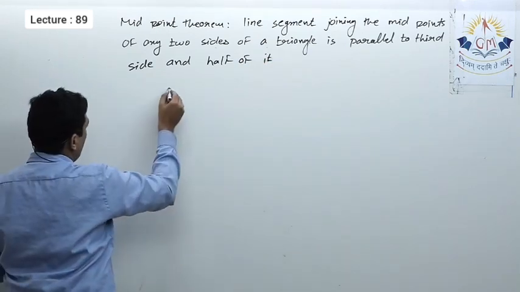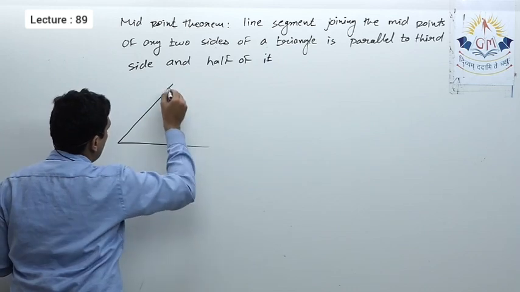Okay, so suppose we have a triangle ABC in this way.